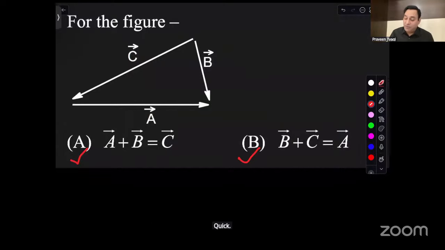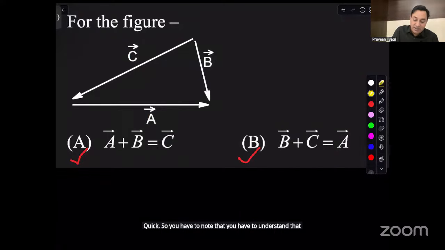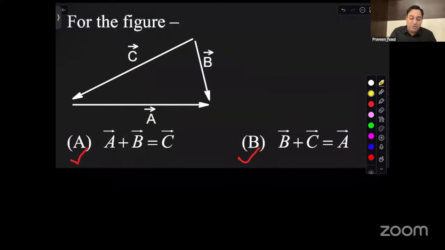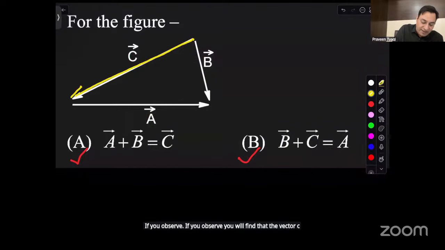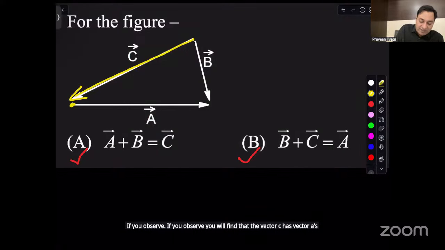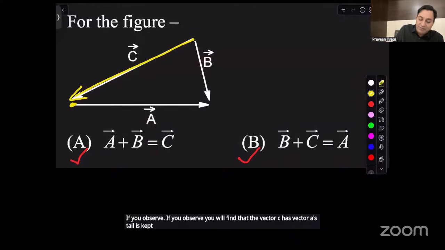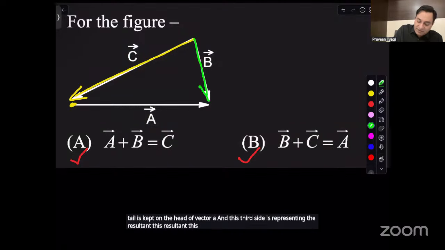So you have to understand that if you observe, you will find that vector C has vector A's tail kept on its head, and this third side is representing the resultant. This is the resultant.